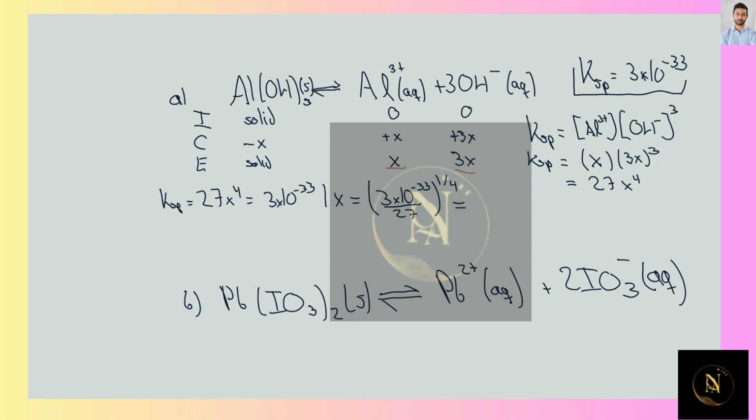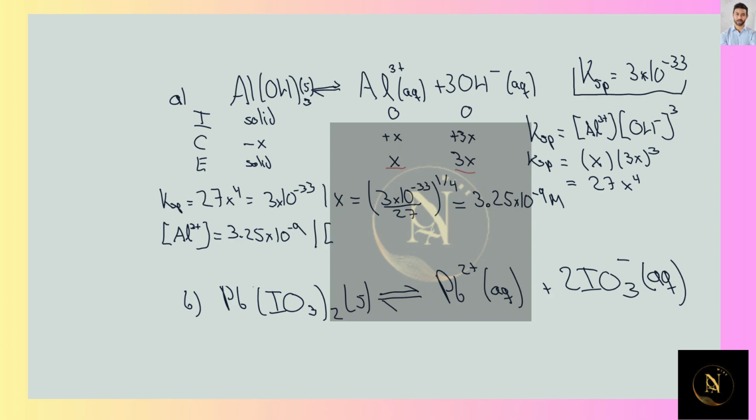And our result for x, rounding to 2 decimal points, is 3.25 times 10 to the minus 9 molar. Now we know the value for x, so we can find our concentrations. For aluminum 3 plus, the concentration is equal to x, so simply 3.25 times 10 to the minus 9.